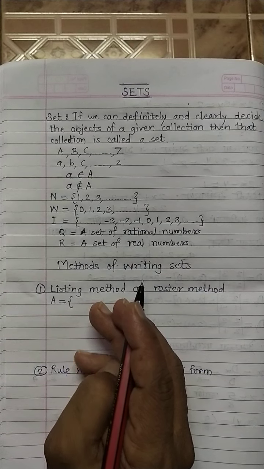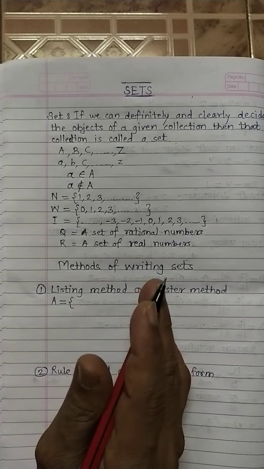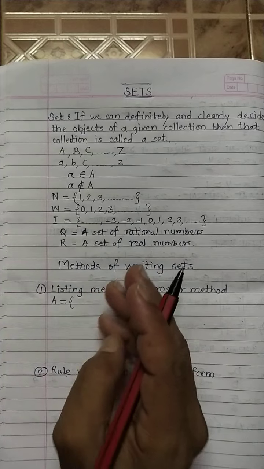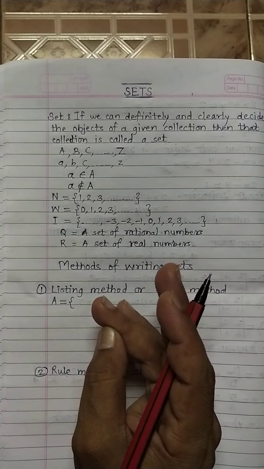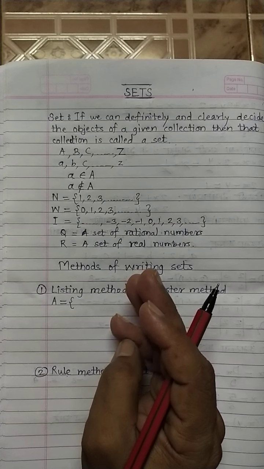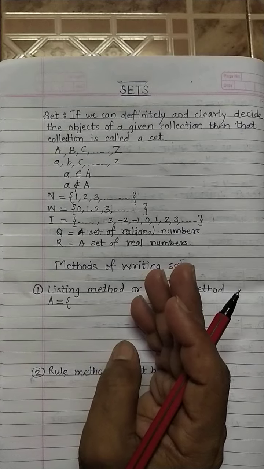Tell me the odd numbers between 1 and 10. We cannot take 1, starting with the next number, means 3, 5, 7 and 9. These are the odd numbers between 1 and 10.